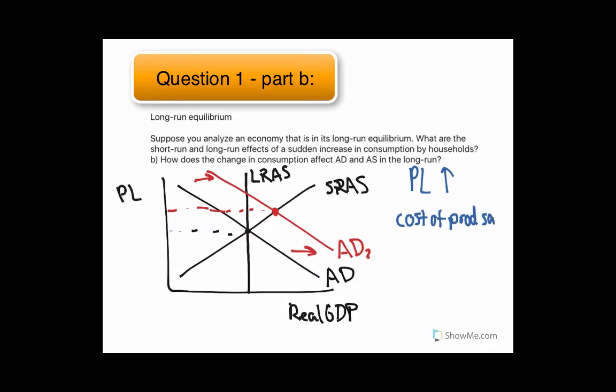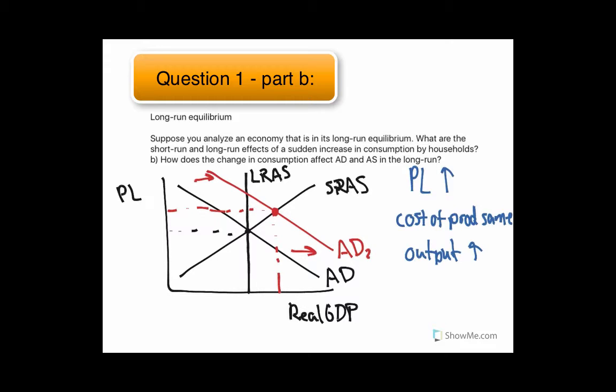So if prices are higher, but firms don't have to pay any more for their resources or to hire workers, then output will go up for firms. And we see that in the short run because, again, if we look at our new equilibrium, it has a higher output than we had before.